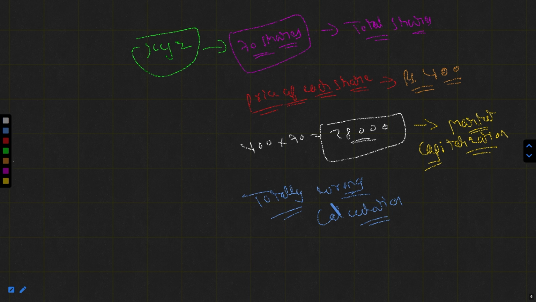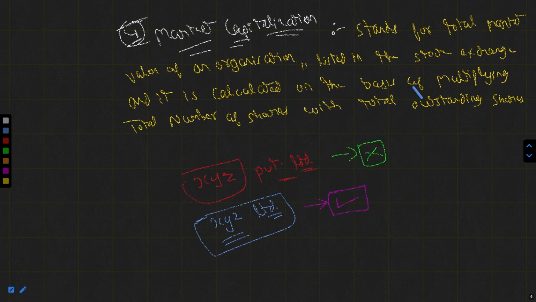Now just remind yourself what definition you had read out, that multiplying the total number of shares with the total outstanding shares, not total shares.